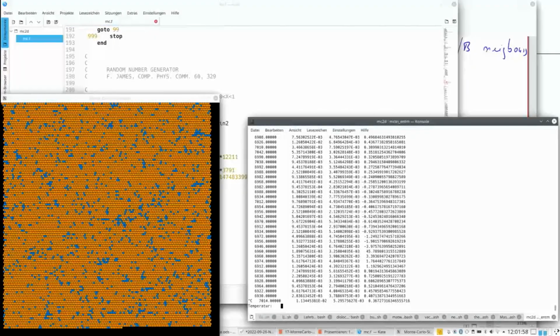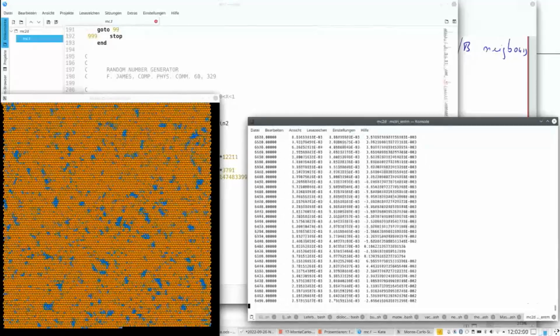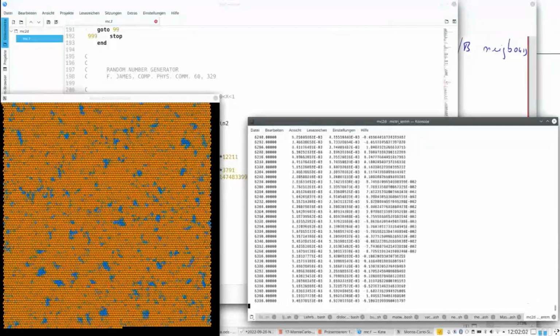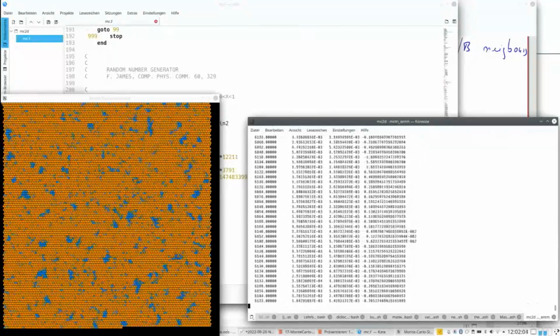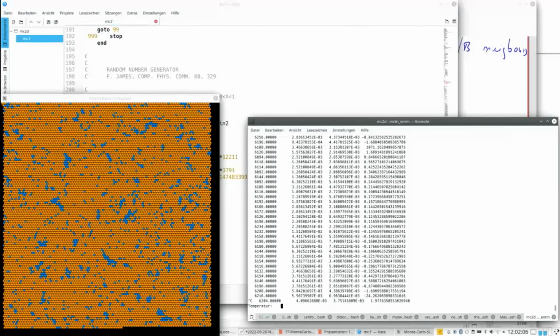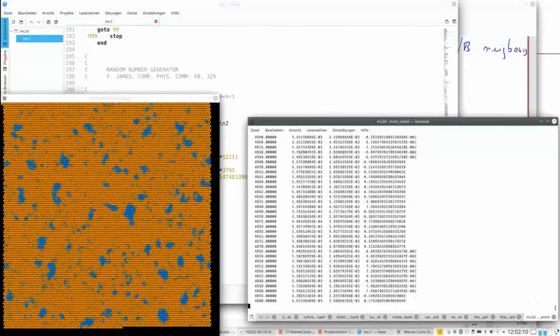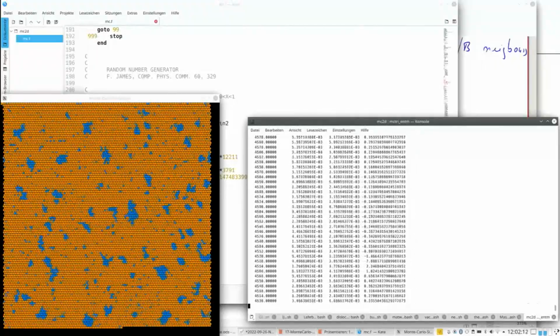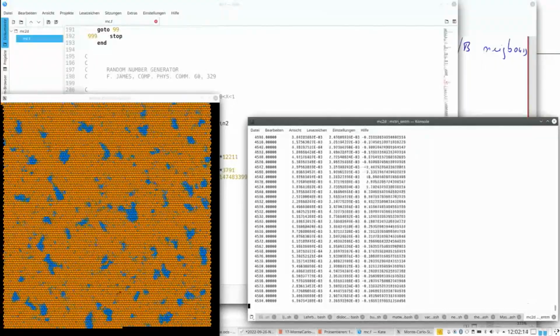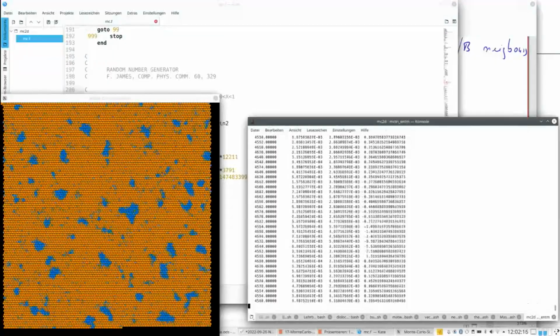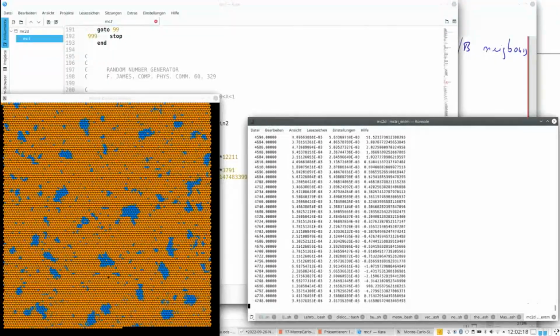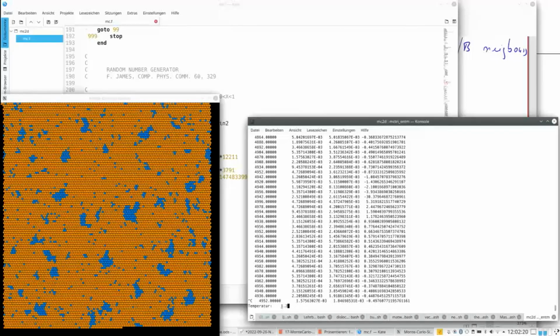So nothing happens. If I go down in temperature, you see some pre-clustering, but not yet stable clusters. And here the precipitation sets in, some nucleation, and perhaps I go down a bit.